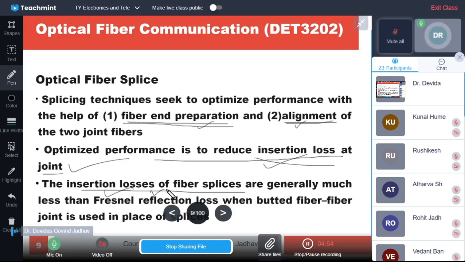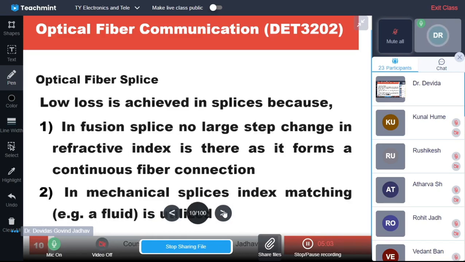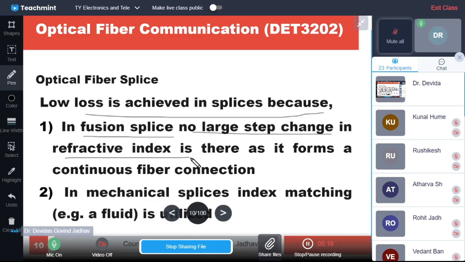Fresnel reflection, we know, whenever the light enters from one medium to another medium, reflection takes place and loss takes place. Low loss is achieved in the splices because in fusion splice no large step change is there in the refractive index, and it is a continuous fiber connection, so Fresnel reflection is almost completely avoided.